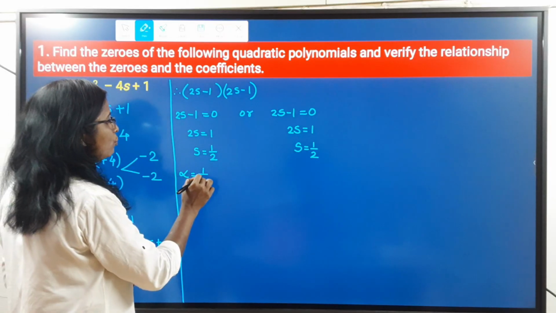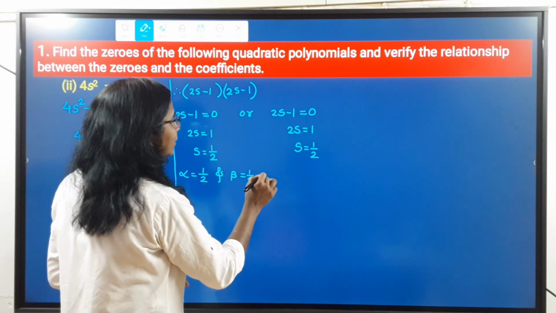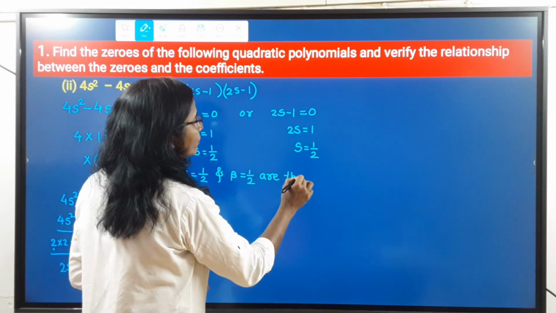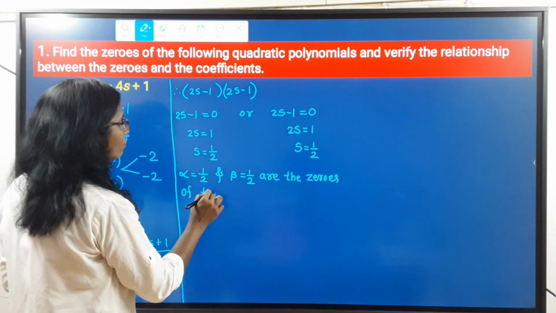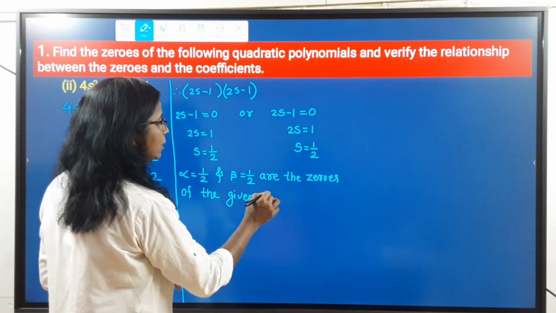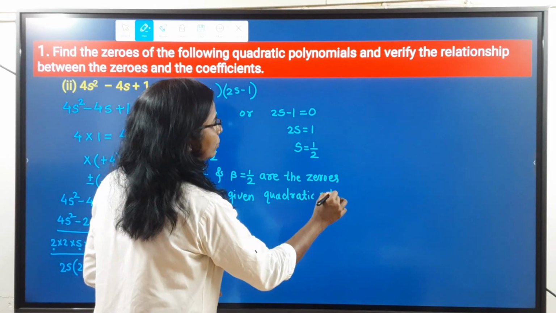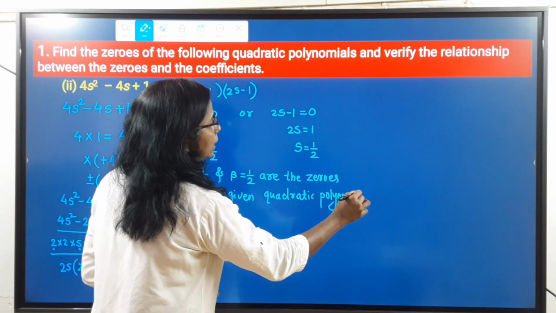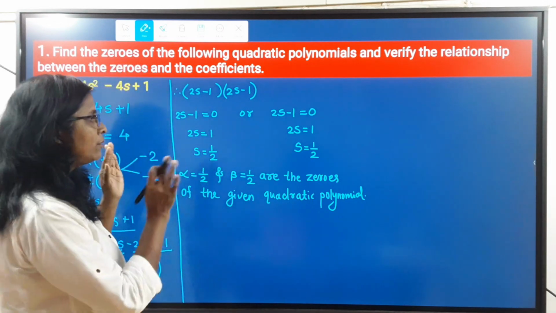So alpha is equal to 1 upon 2 and beta is equal to 1 upon 2 are the zeros of the given quadratic polynomial. Now students, the first part is over.